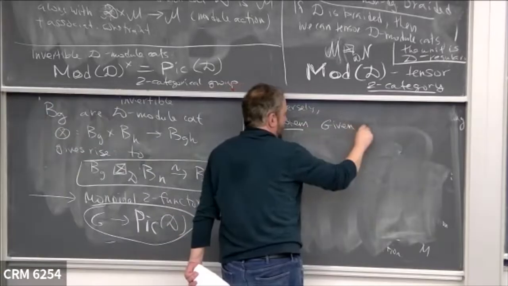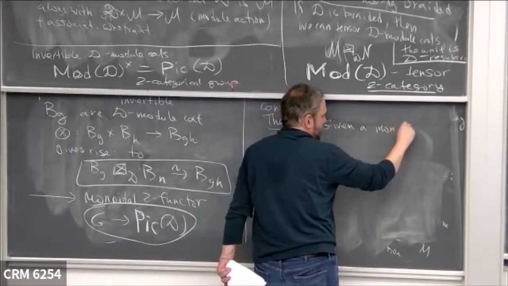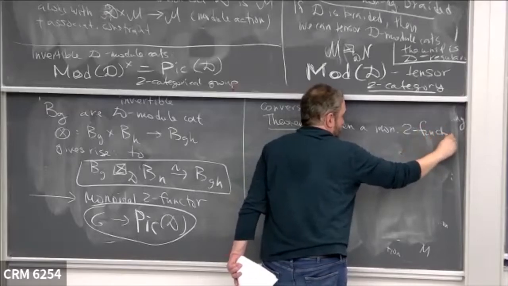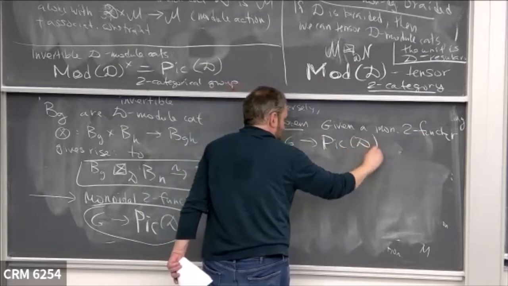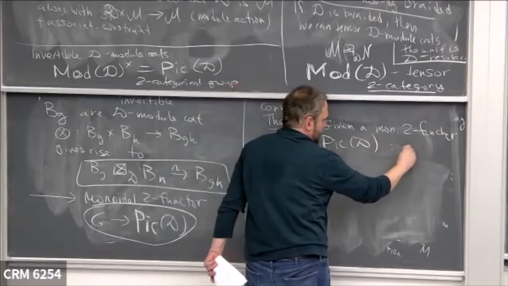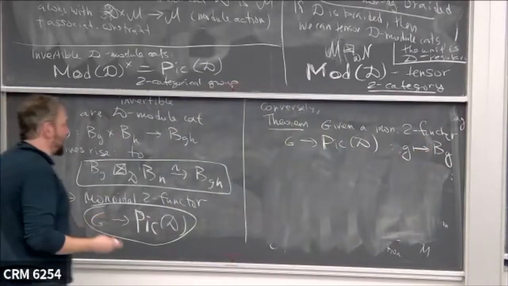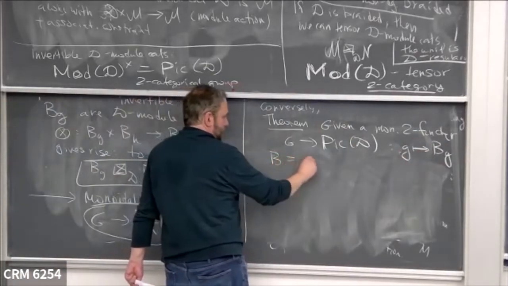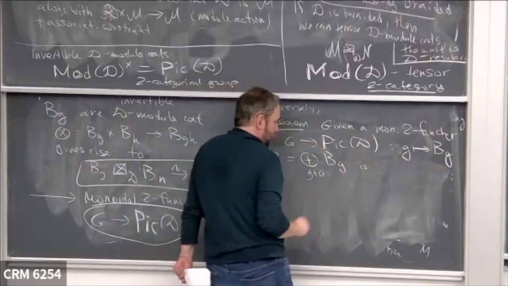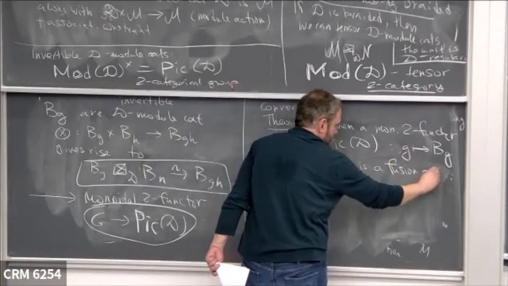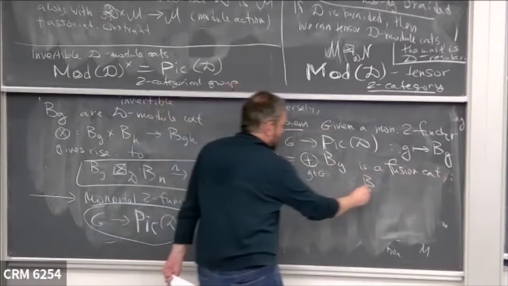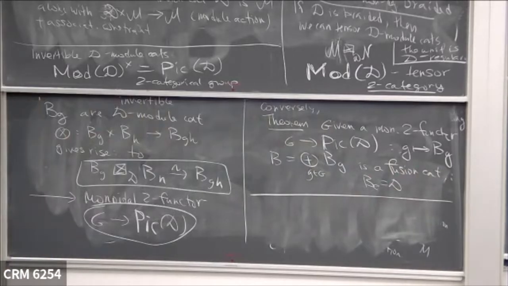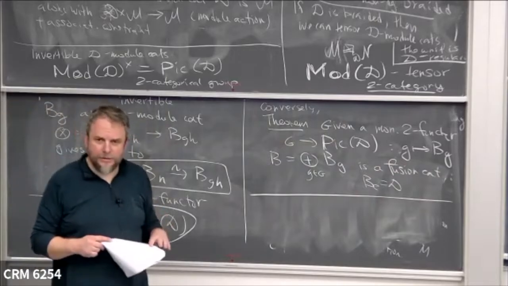So given a monoidal two-functor from G to this Picard group of D, let's give it notation, say G goes to B_G, the direct sum of this thing is a tensor category, a fusion category, which is a G-graded extension of D. Before I continue, any questions about this?